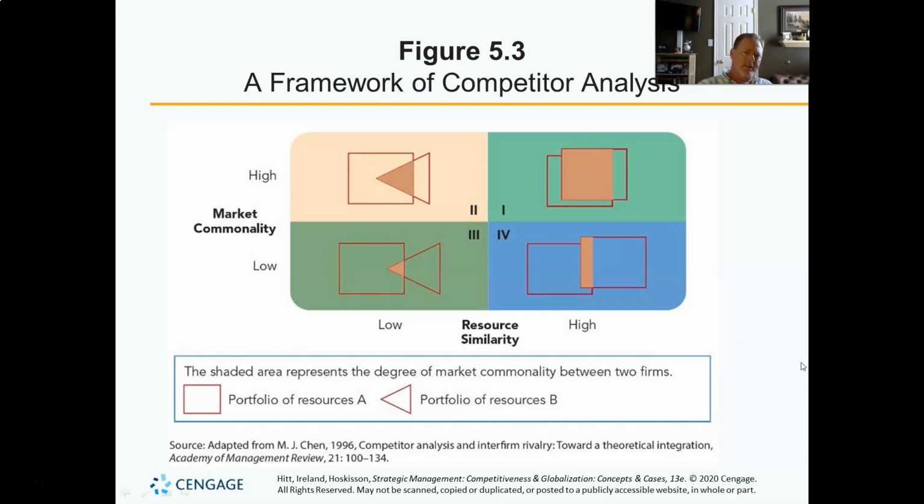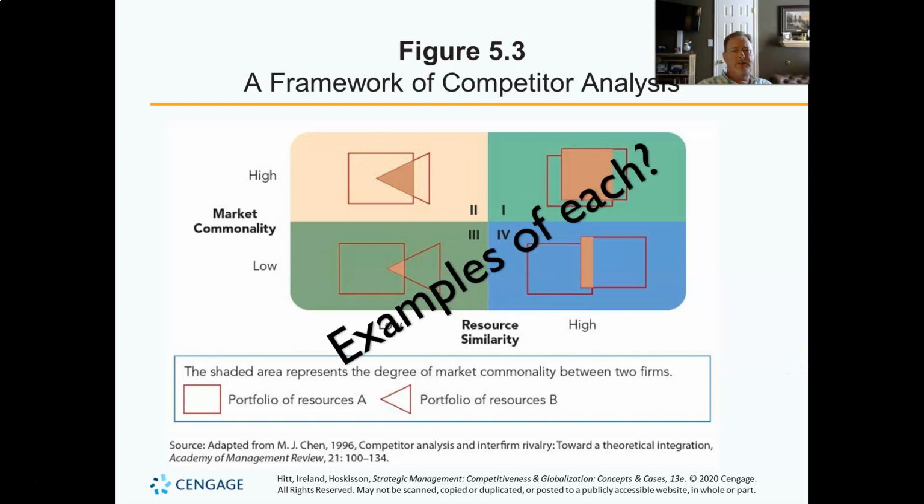The textbook does a really good job of giving you some examples. In the interest of time, I'm not going to talk those through, but you could think about head-to-head competitors as being companies like UPS and Federal Express. UPS and FedEx are direct competitors. They have very high market commonality, and I don't know so much about their resource similarity.